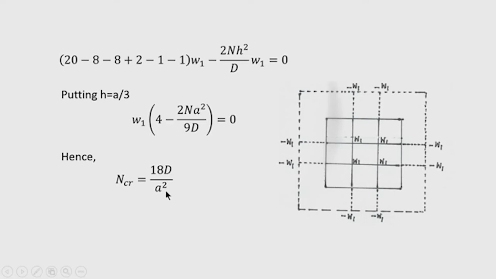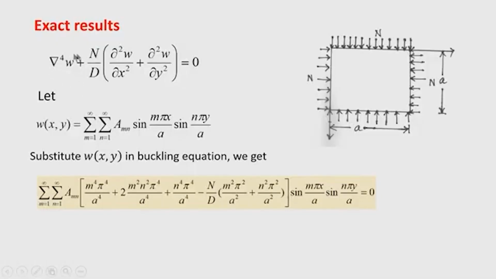So, let us compare the results obtained by finite difference method with the exact results. Now, the exact result for this problem is available. The differential equation is this and the boundary condition is simply supported, so I can take the double trigonometrical series, that is the Navier series, to find the solution of the deflection. That is, I want to solve it by the exact method.